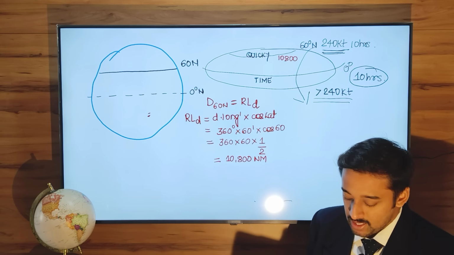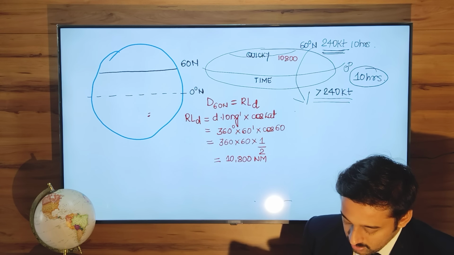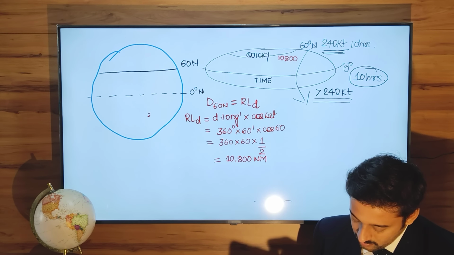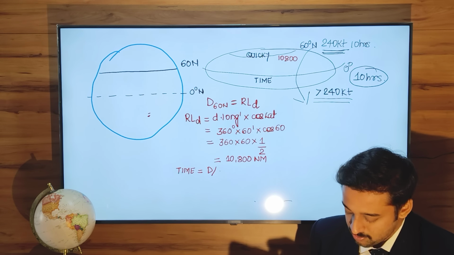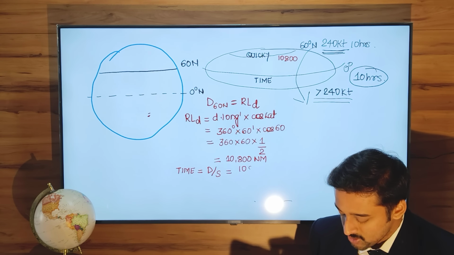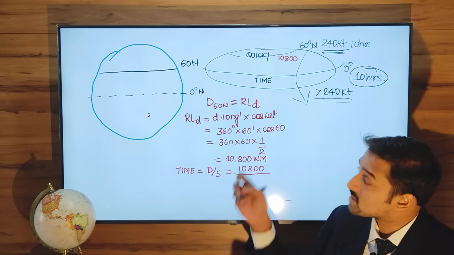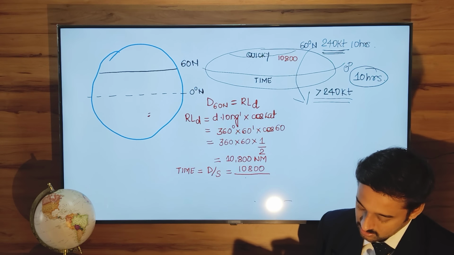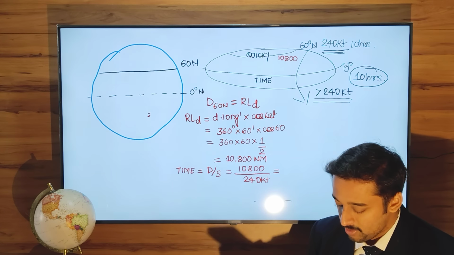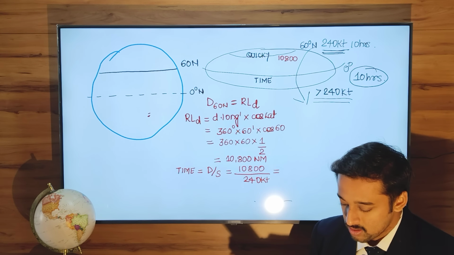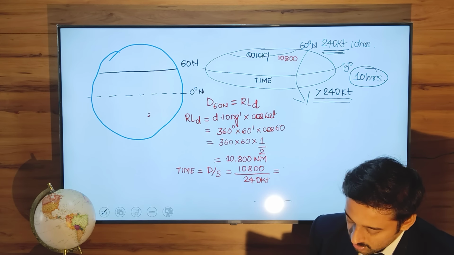Now let's calculate the time required. The time that you take will be equal to distance divided by speed. So distance is 10,800. Your speed is given as 240 knots. So 10,800 divided by 240 is 45 hours.